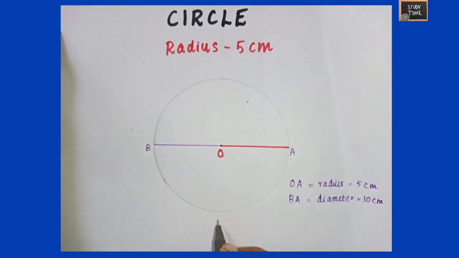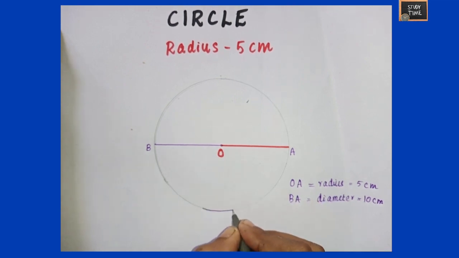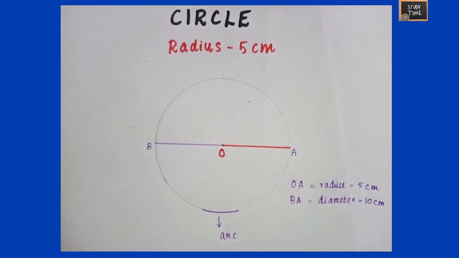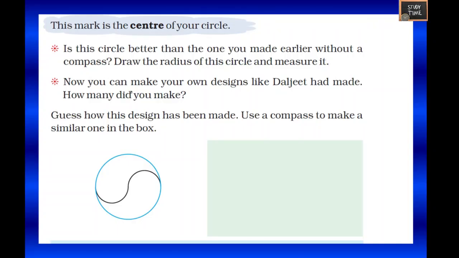So this outer boundary is the circumference and this small part on the circumference is an arc. Similarly, you can take a compass and draw a circle and mark all the parts of the circle. The center mark we already saw, that is O, the center.